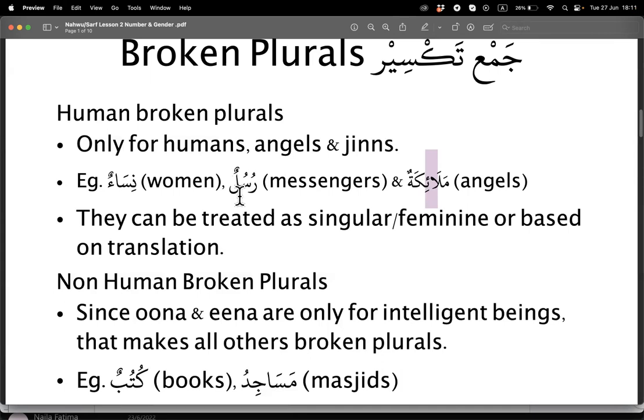But grammatically, we can treat this word as singular feminine. Or we can treat them based on translation, meaning women based on translation is plural and feminine. Messenger is plural and masculine. So there's two ways to treat human broken plurals. Once it's broken plural, you can treat it as singular feminine, or you can treat it based on the translation. Just bear this in mind. Later on, we will apply this, and then you see how it works.